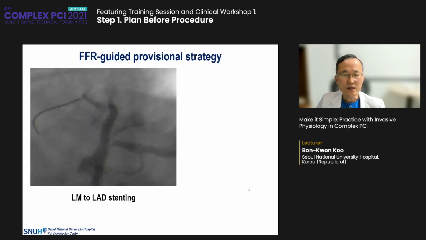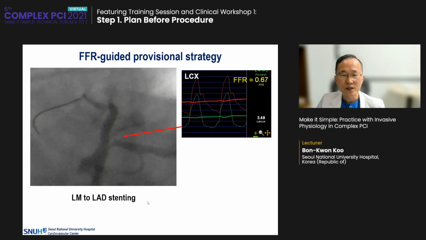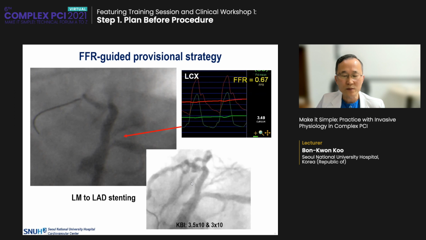As the pressure wire was there, what I did was an FFR-guided provisional strategy. This is the angio taken after left main to LAD stenting. We generally know that this lesion is not functionally significant, but we also know that that's not always 100% true. For this circumflex, FFR was 0.67. So I had to fix this lesion with the first kissing balloon inflation.